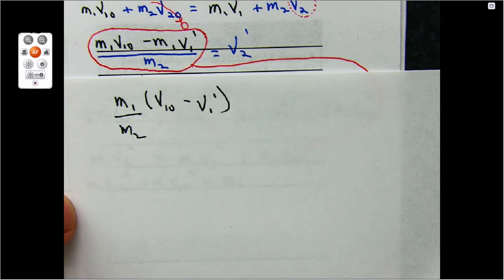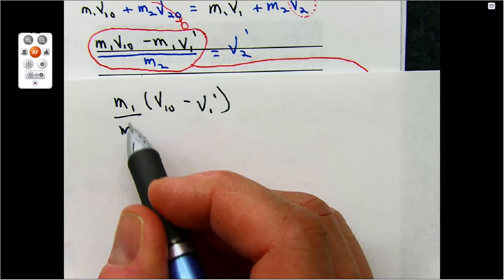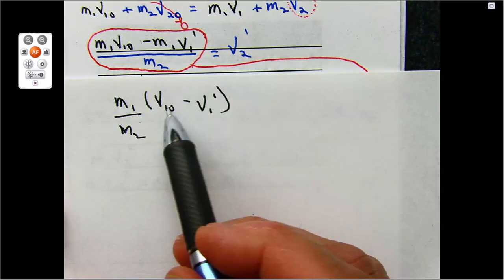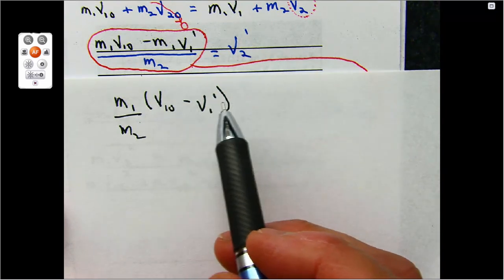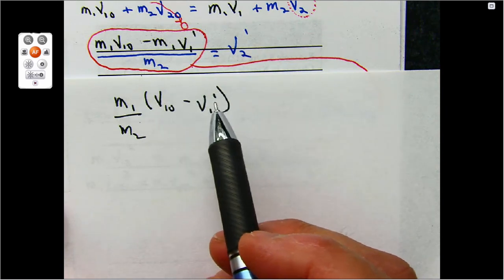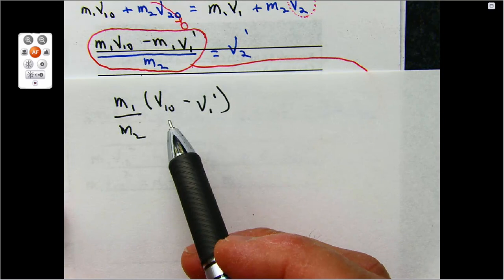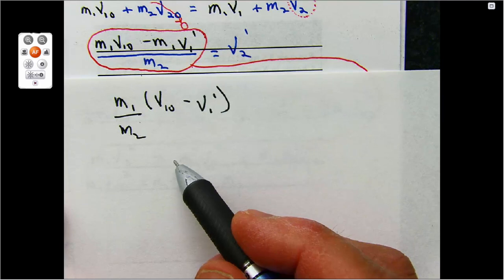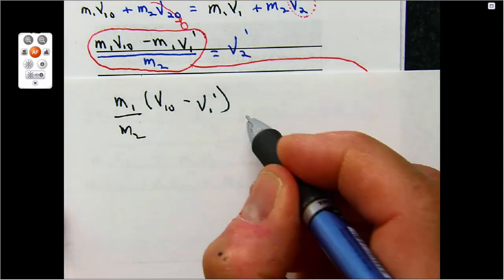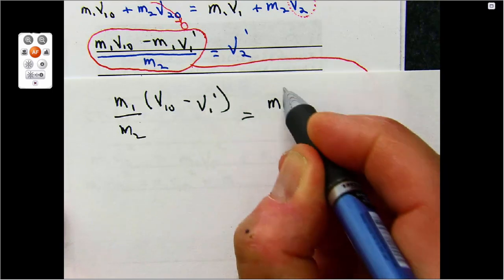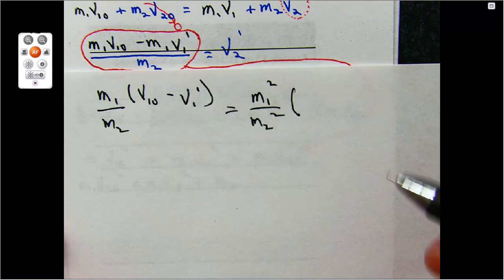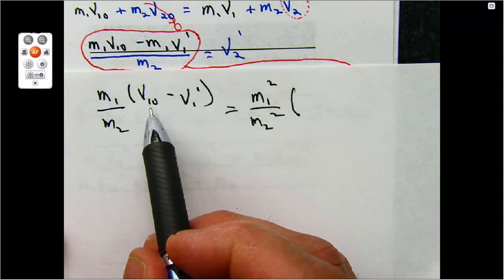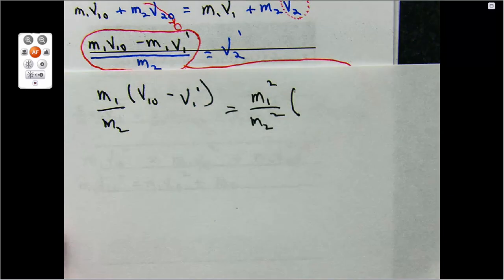It's easy to square these two, because you can just put a square and a square. What about squaring this? We have to use FOIL, huh? First, outside, inside, last. That's still the way they talk about it? First, outside, inside, last? Well, we can do that, because this is going to be M1 squared over M2 squared times, let's put this whole thing up here.